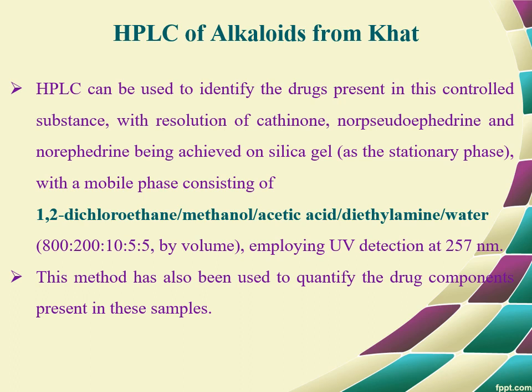These can be identified by HPLC or by GC-MS. The HPLC can be used to identify the drugs present in these controlled substances, with resolution of cathinone, norpseudoephedrine, and norephedrine being achieved on silica gel with a mobile phase which consists of a mixture of 1,2-dichloroethane, methanol, acetic acid, diethylamine, and water.